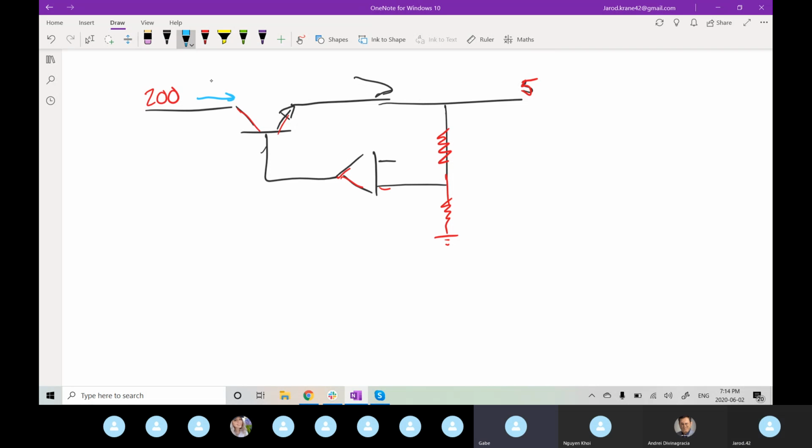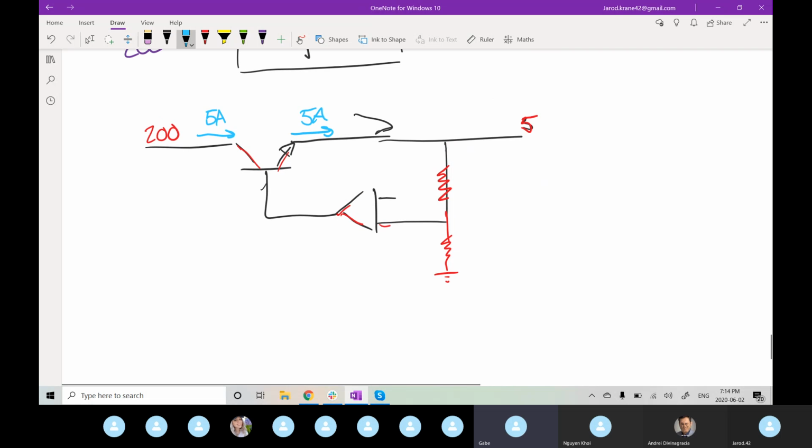So you can imagine if you have 5 amps coming in and you have a 195 volt drop across that transistor, then that's a huge power loss, right?